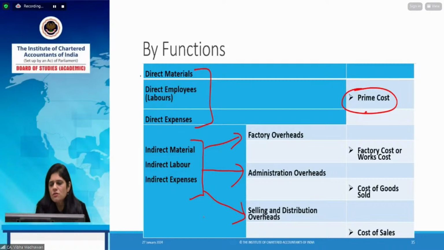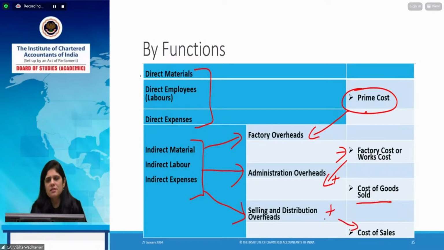Clear? So prime cost, if we add factory overheads, we get factory cost. To that, if we further add administration, we get cost of goods sold. We further add selling and distribution, we get cost of sales. Clear? So it's in continuation. I repeat, direct material, direct labor, direct expenses, we get prime cost. To the prime cost, if we add factory overheads, we get factory cost.